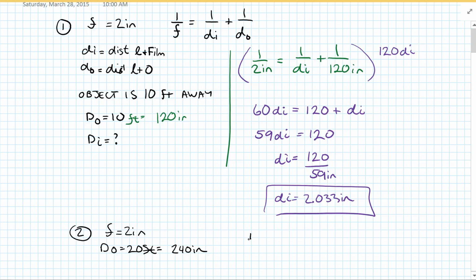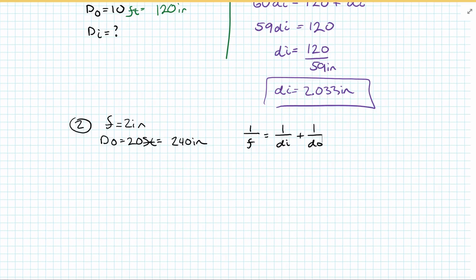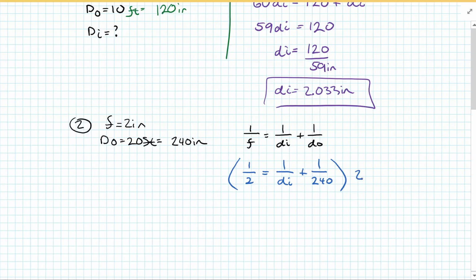The equation they give us is 1 over F equals 1 over DI plus 1 over DO. So that's just plug and chug. 1 over 2 equals 1 over DI, which is our unknown, plus 1 over 240. Okay, what's the least common denominator? 240 DI.